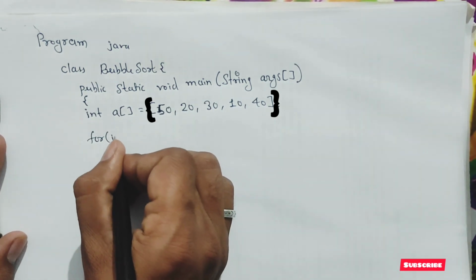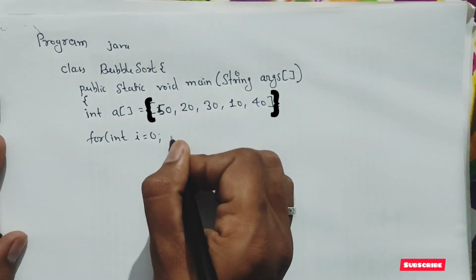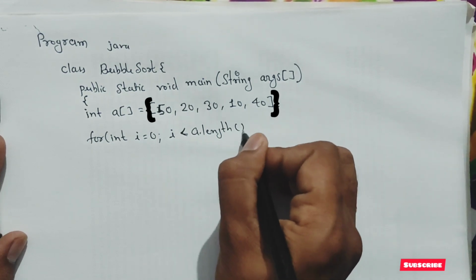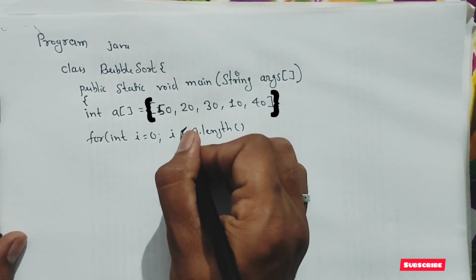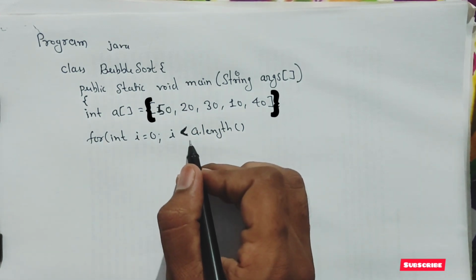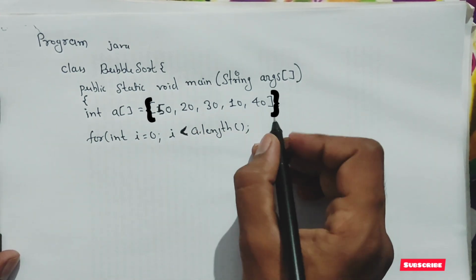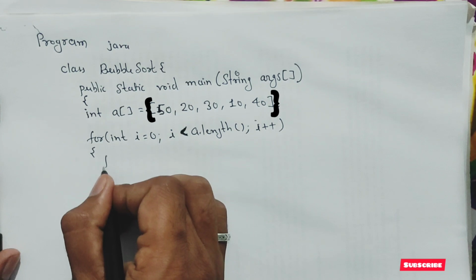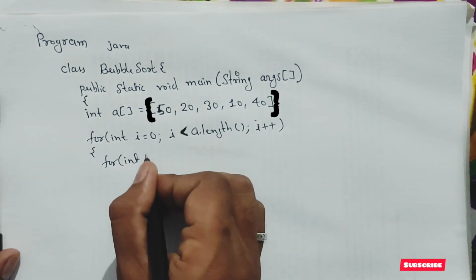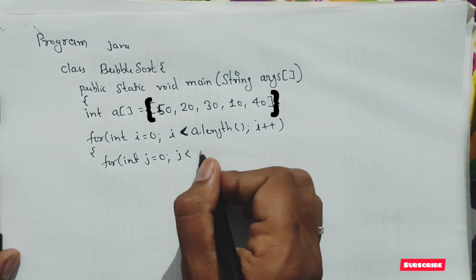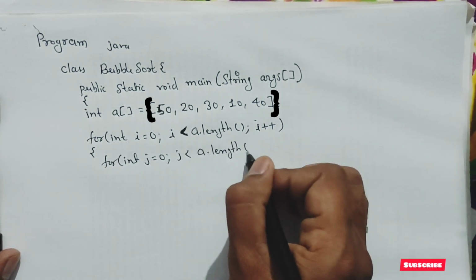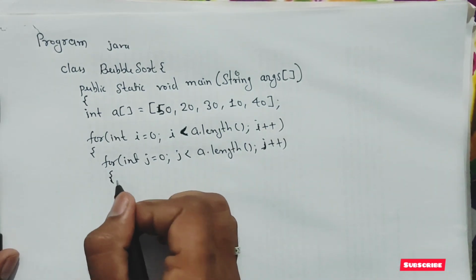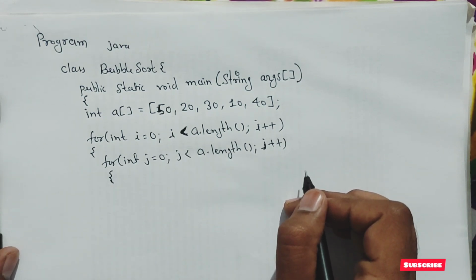I will start from iteration 1, from 0 to i is less than a.length minus 1, or directly I can say i is less than a.length, and i++. Then the second loop: j equals 0, j is less than length, and j++.